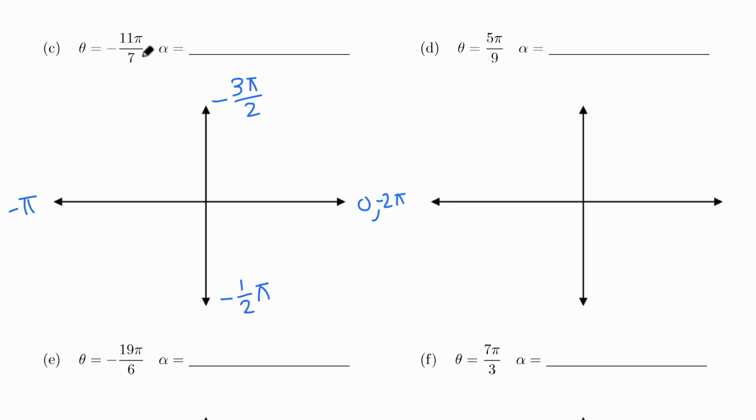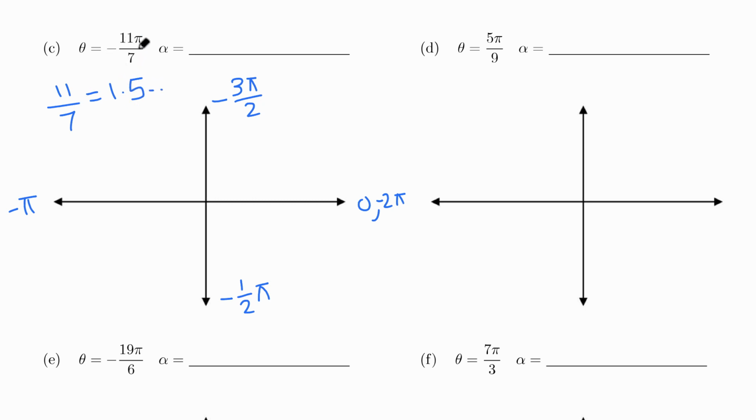Okay, so 11 over 7, is this here or here? Because this is 1.5. 11 over 7, if we do it in terms of decimals, 7 goes into 11 one time, then 7 plus 4, 1.57 and more.